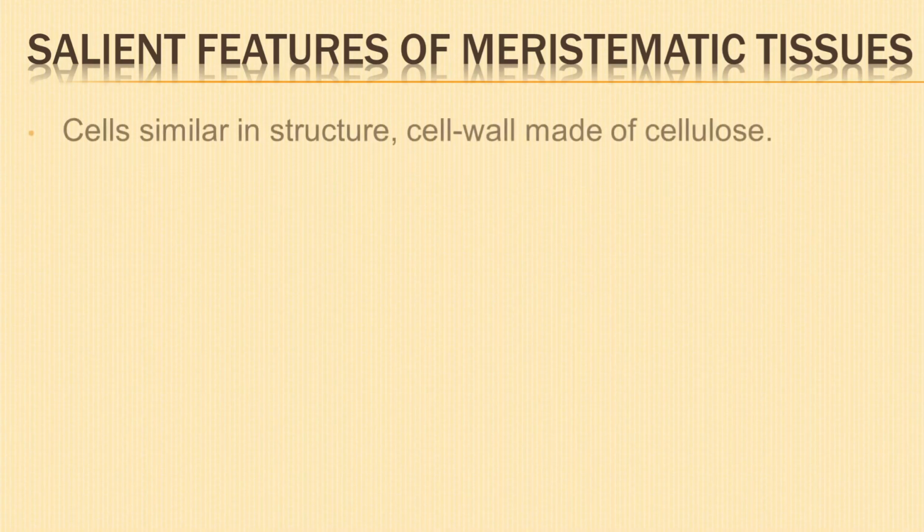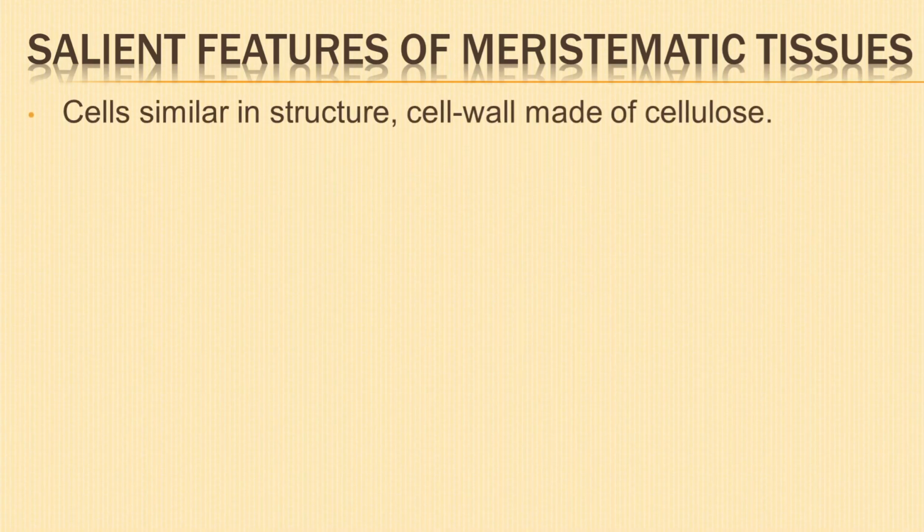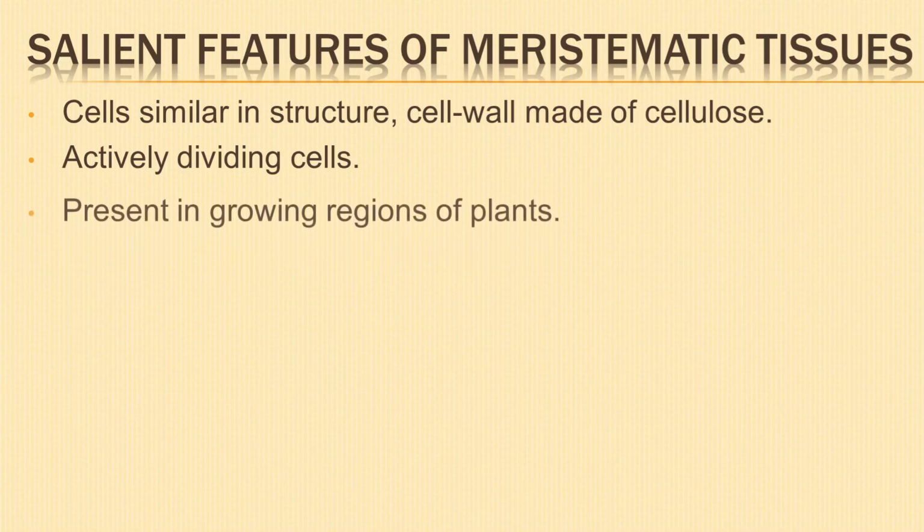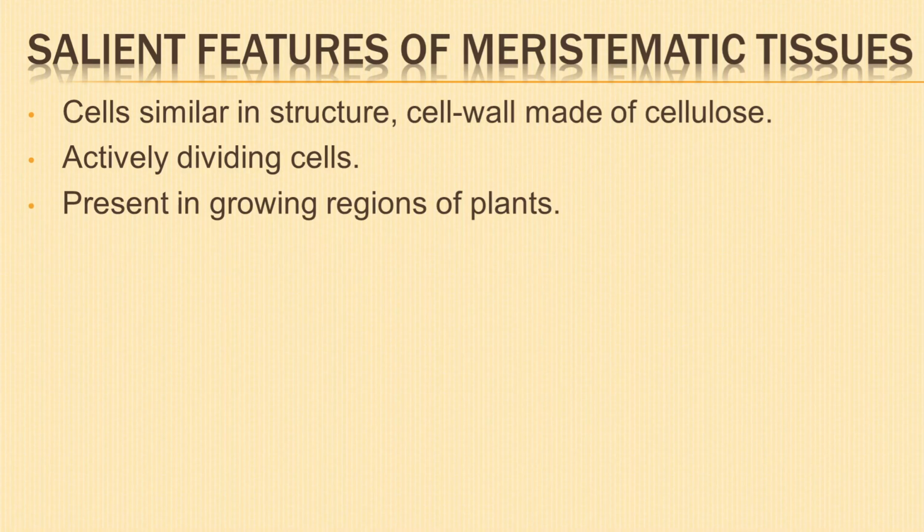Now, let us look into the salient features of meristematic tissues. The cells of meristematic tissue are similar in structure and have thin cell wall made up of cellulose. The tissue consists of actively dividing cells. They are present in growing regions of plants.